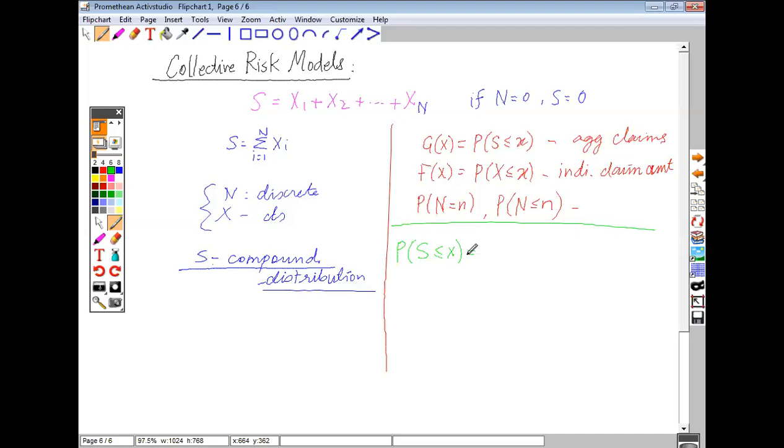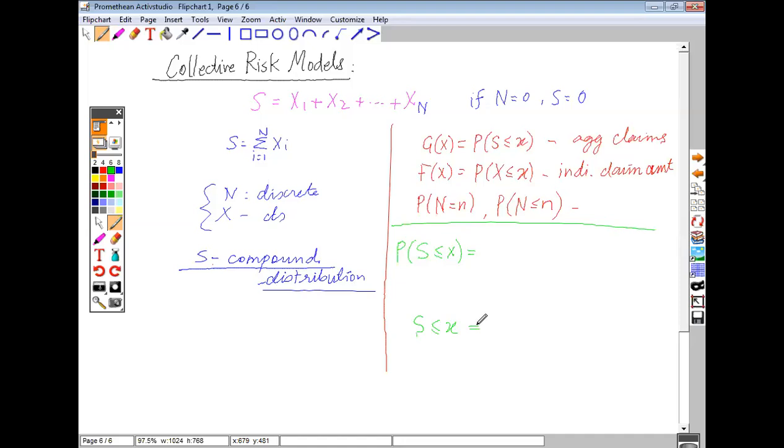So even before we define a probability of this, let us see what constitutes this. So when will my S random variable be less than or equal to x, how can I summarize this?